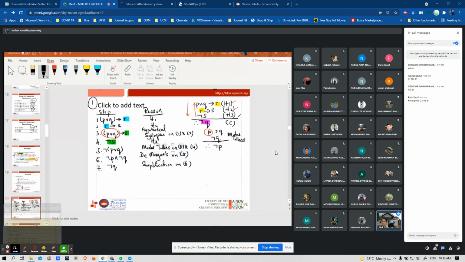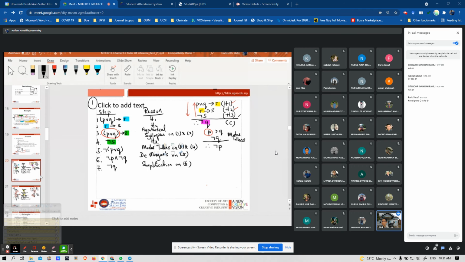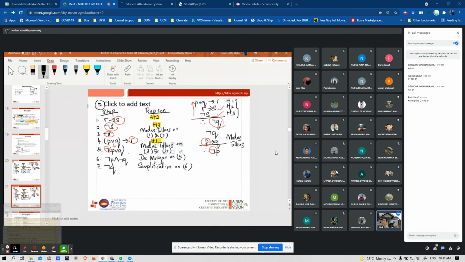We use the simplification rule to derive the negate Q. Step by step. Okay, this one is modus tollens.